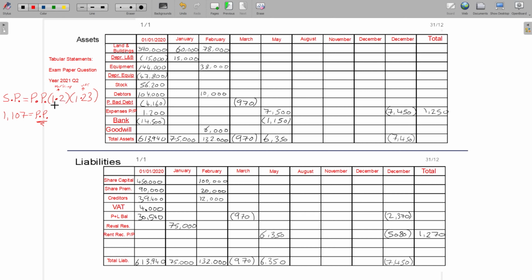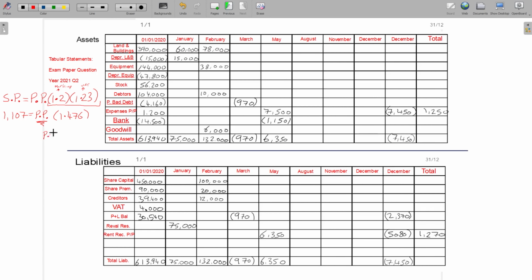So if you have these two brackets like this, it means purchase price multiplied by a markup multiplied by 1.23, which is our VAT rate. So we would then multiply 1.2 by 1.23, and that's going to give us 1.476.